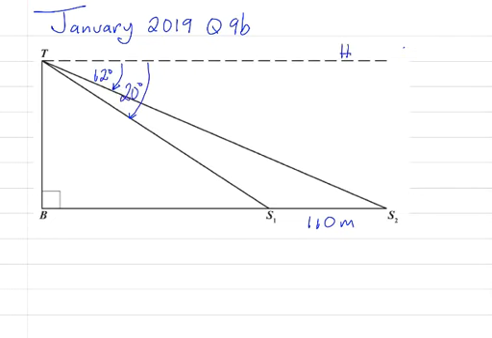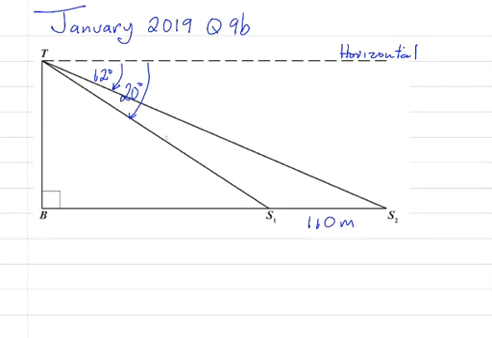Now this is the horizontal. Alright, we didn't put that in. We're not going to get a mark for that, but I just wanted to use that to explain. Angle of depression is the angle between the horizontal and the line of sight when you're looking down. So someone is at T, the top of the lighthouse, TB, and is looking down at S1 and S2.